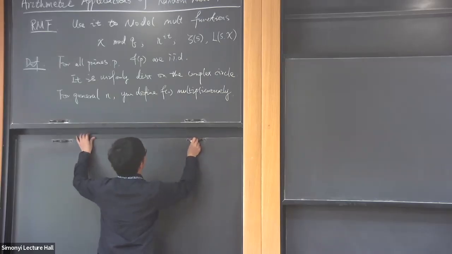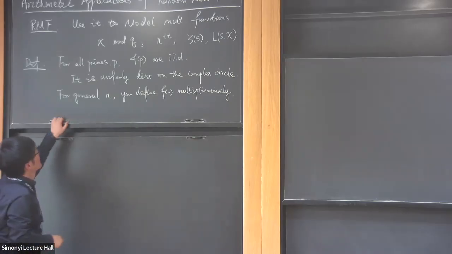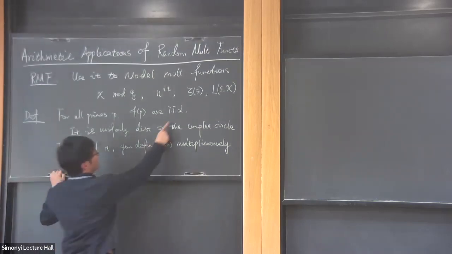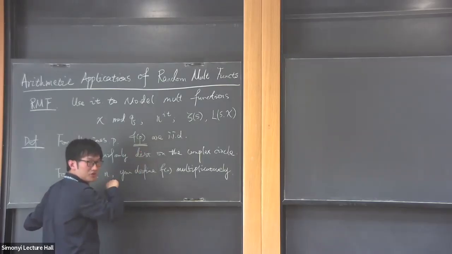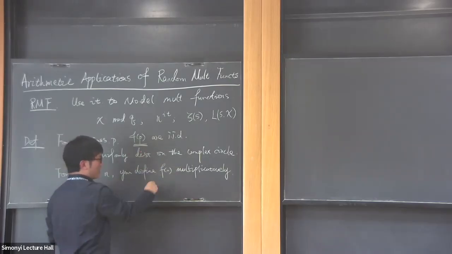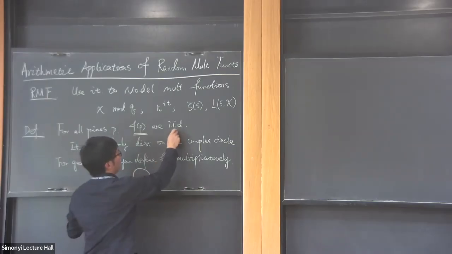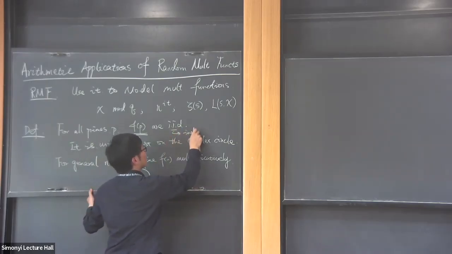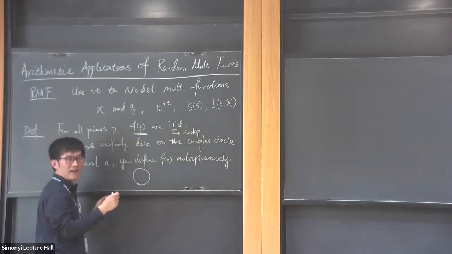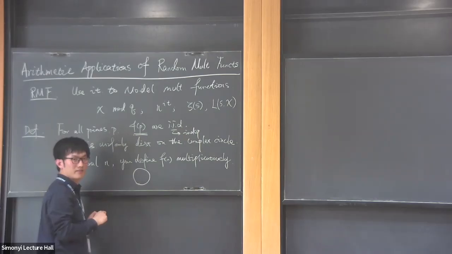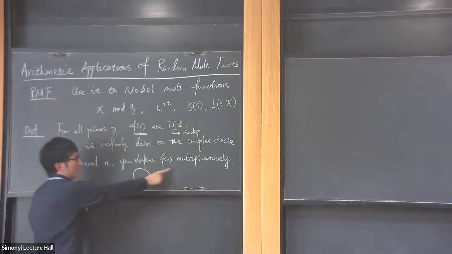Okay, that's the definition. What is IID? It means identically and independently distributed random variables. So each f(p) has the same distribution, which is the uniform distribution on the complex unit circle. And the other I means independent, so the random variables f(2) and f(3) are independent. On the primes they are independent, but on other integers, f(n) is defined multiplicatively.